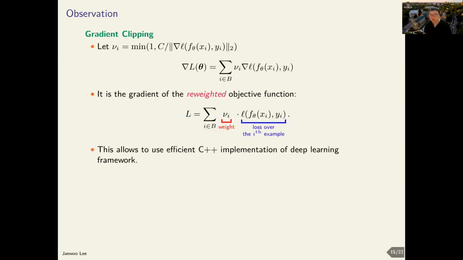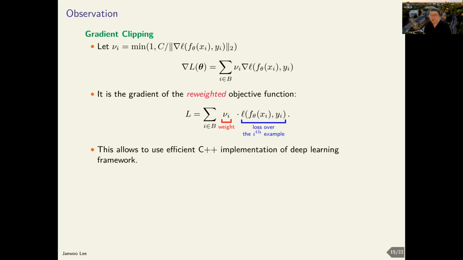We make another observation. So let's define nu sub i as the minimum between these two values. And once we define nu in this way, then the clipped gradient can be expressed as the weighted sum of per example gradients.